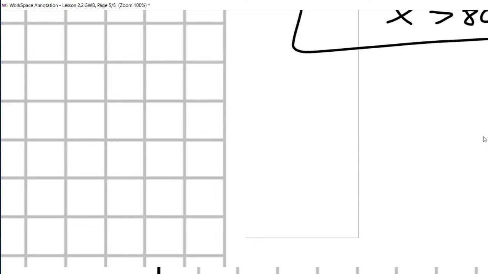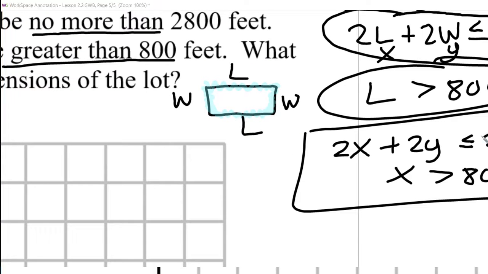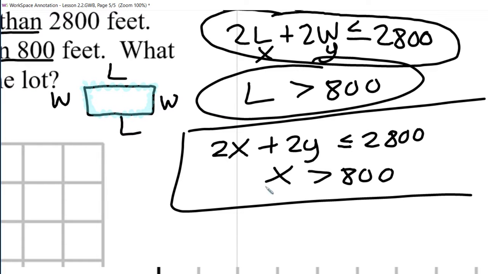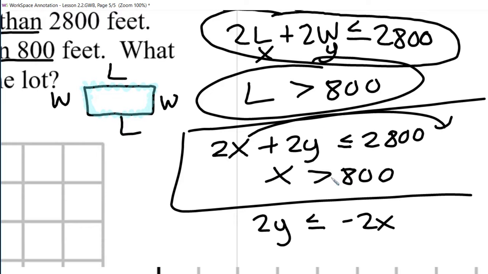So we need to get the Y by itself. In order to get Y by itself, what has to move? The 2X. So bring down the 2Y. What happens to 2X when I move it to the other side? Becomes negative 2X. Now 2,800 is positive, so I have to put plus 2,800. Is y by itself?